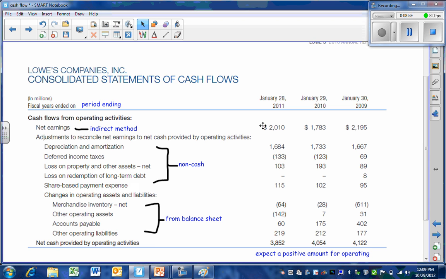We then total up our income plus or minus our adjustments to come up with our cash provided by operating activities. We expect this to be a positive amount. In our next videos, we're going to be looking at the investing section and the financing section.